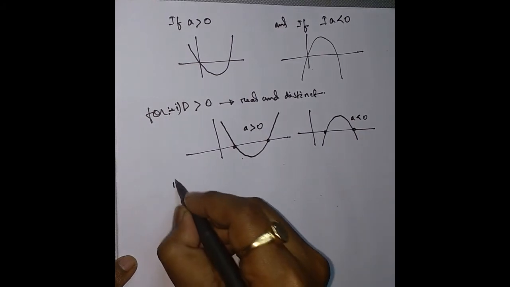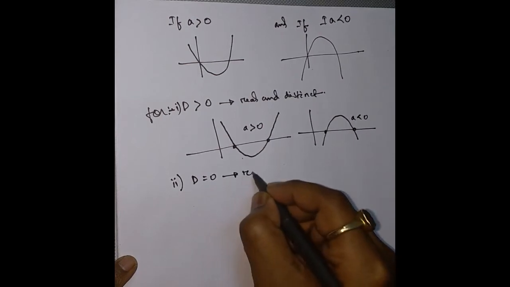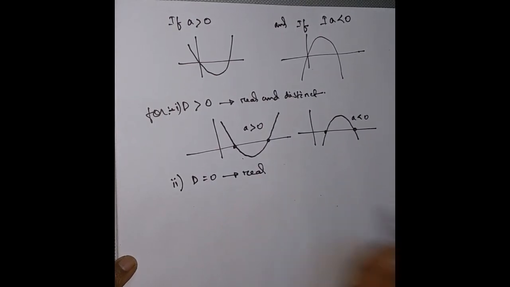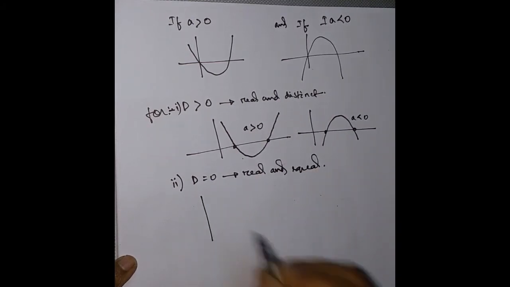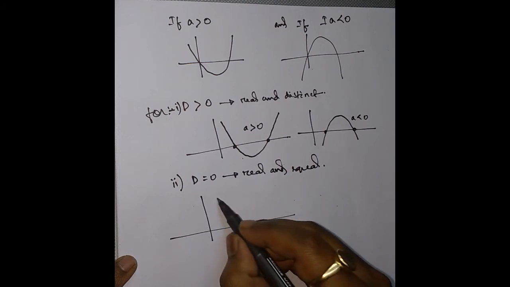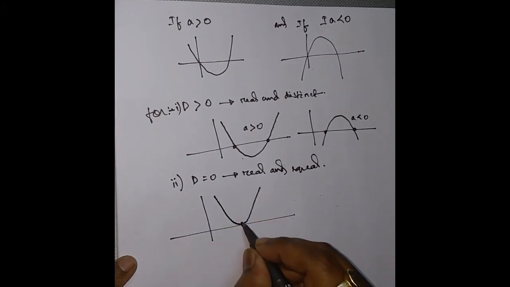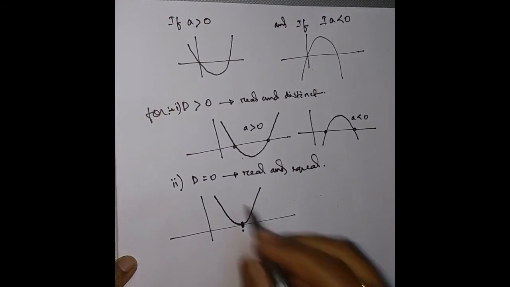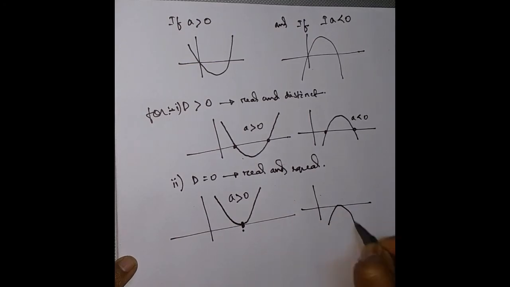Number 2, for D equal to 0, the roots are real and equal. It shows as the graph touches the x-axis at only one point, meaning real and equal, both are the same. This is for a greater than 0 and this is for a less than 0.